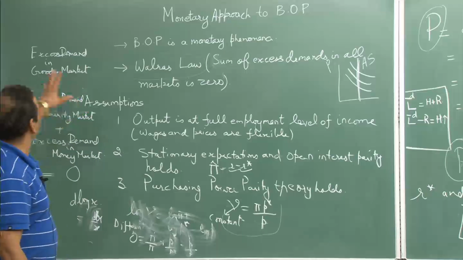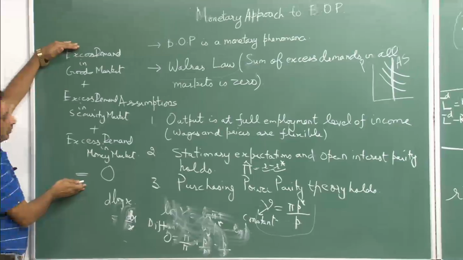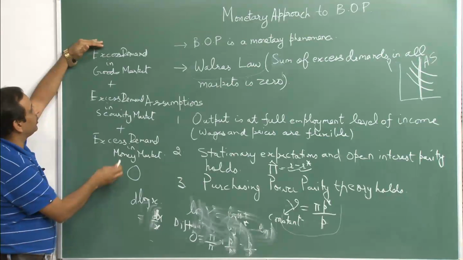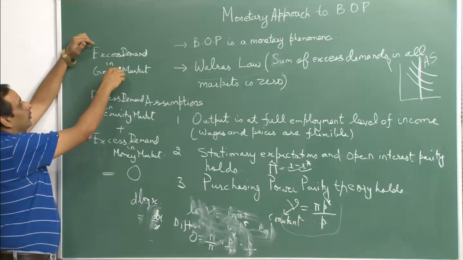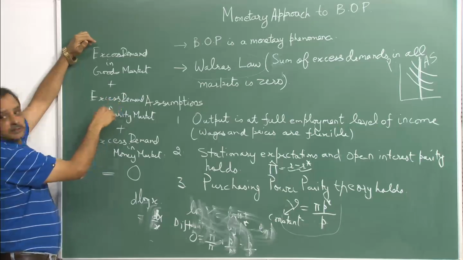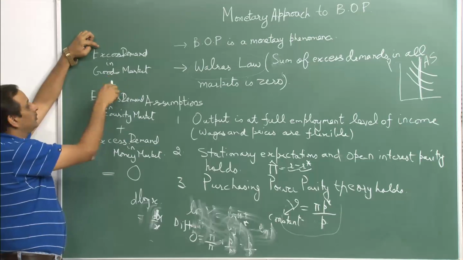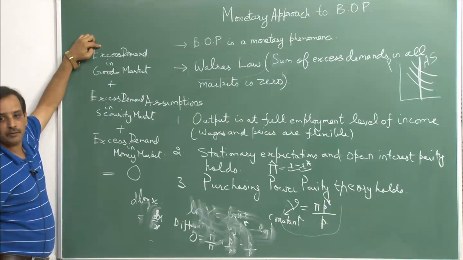If you look at this Walras law, so H goes up, there is excess supply of money, which is equivalent to saying that there will be an excess demand for goods and there will be an excess demand for securities. When I say excess demand for goods and excess demand in securities, I mean that there will be a balance of payment deficit.